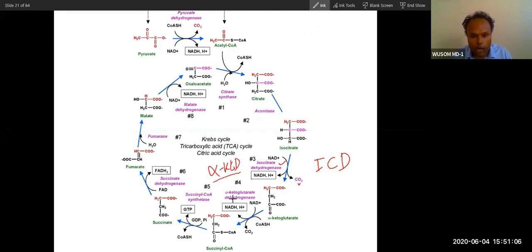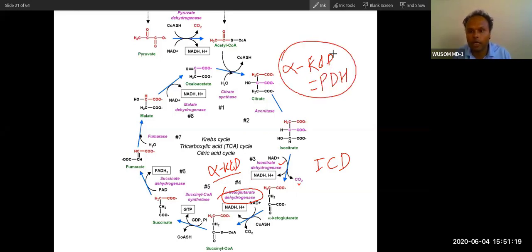I told you its structure is very similar to pyruvate dehydrogenase, PDH, and that is why the property of both reactions is oxidative decarboxylation.